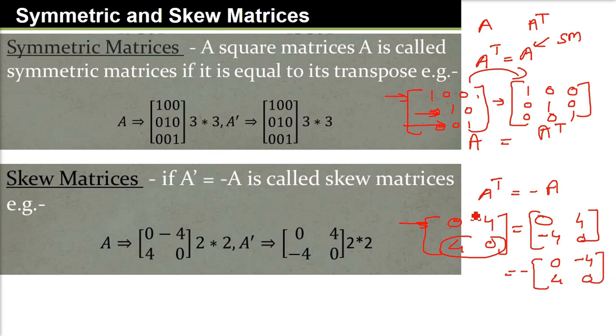Now this was A and this is also A, but with a negative sign. So A transpose is actually equal to negative A, the original matrix. When A transpose equals negative A, it is called a skew matrix. Symmetric: A transpose equals A. Skew: A transpose equals negative A.